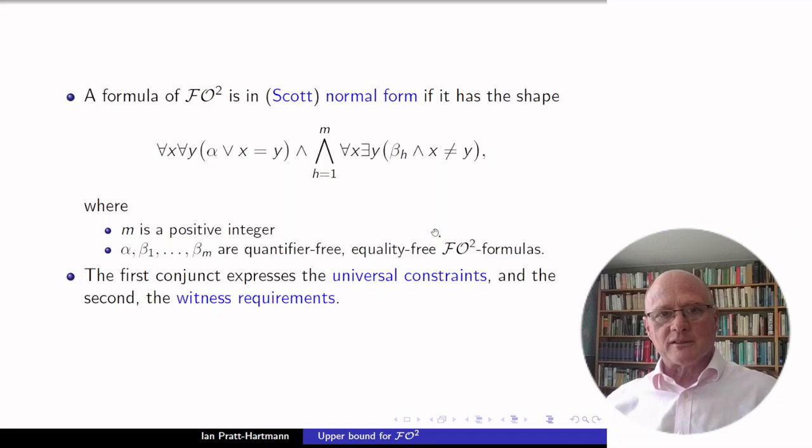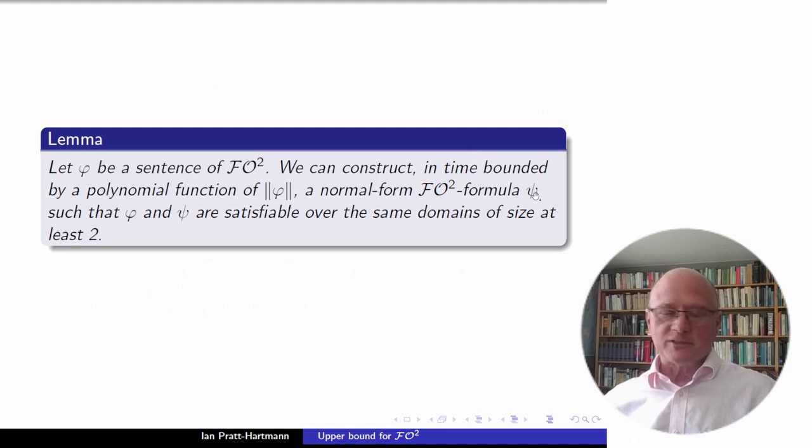If you look back to the normal form formula, since m is positive, this formula can only be satisfied over domains of size 2 anyway. So testing the satisfiability of the formula psi here tests whether phi is satisfiable over domains of size at least 2.